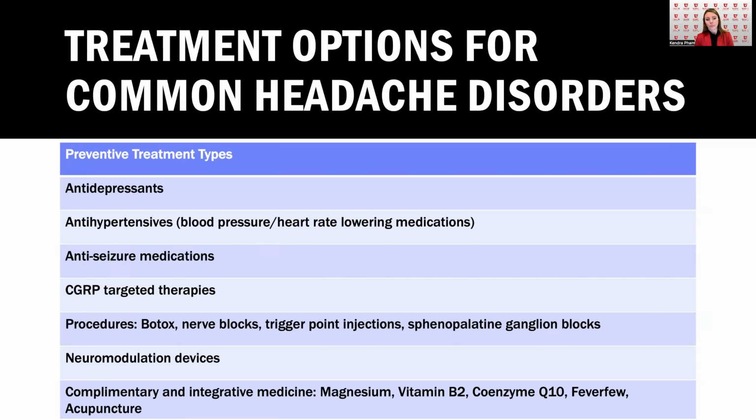We also have procedures that we do, things like Botox for migraine prevention. We can do nerve blocks, trigger point injections, or sphenopalatine ganglion blocks, which entails using a local anesthetic. Either lidocaine or bupivacaine is commonly used. So kind of like Novocaine, if you've ever had that given to you at the dentist.